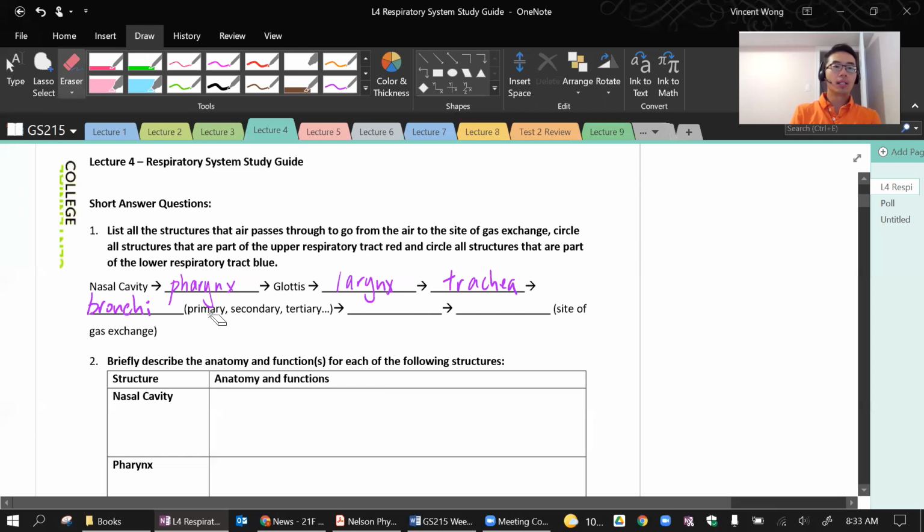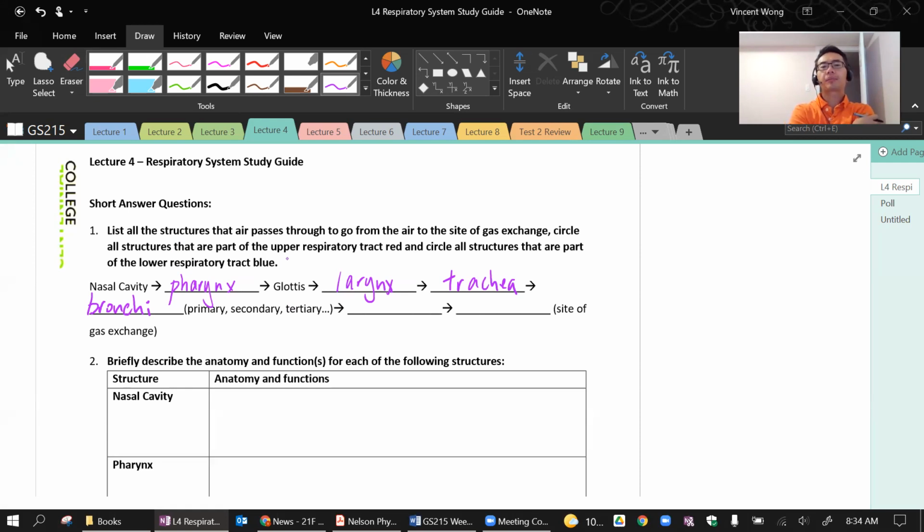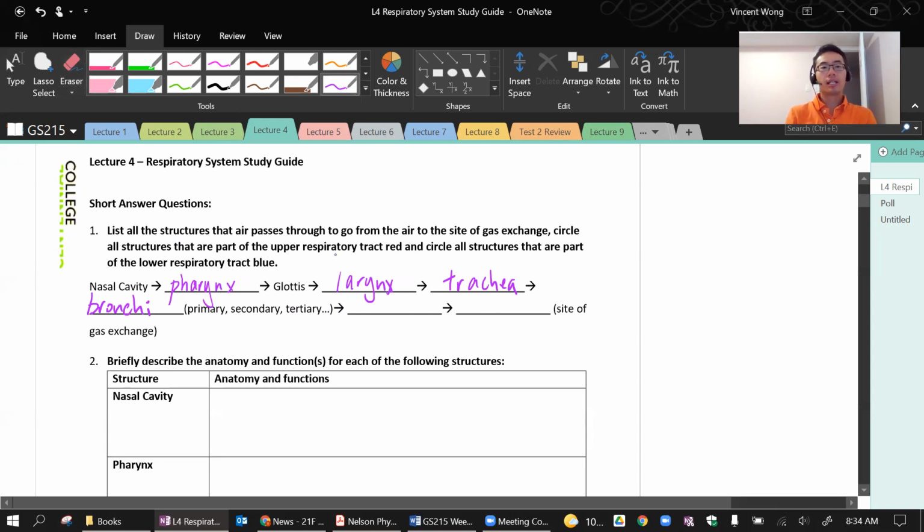Only the primary bronchi are outside of the lungs. As soon as they enter the lungs, they split into these secondary and tertiary bronchi, forming the bronchial tree. It's kind of like an upside down tree. At school, we have a model of a cat lung, and you can see very beautifully that it forms exactly like an upside down tree.